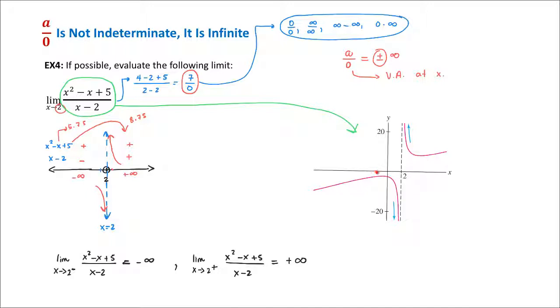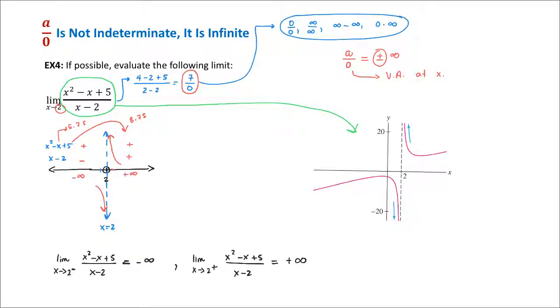As x approaches 2 from the left, the function is approaching negative infinity, exactly as we concluded here on the left. And as x approaches 2 from the right, the function is going off to positive infinity, exactly as we concluded here on the right. The nice thing about this approach is that I didn't have to sketch the entire graph. I only focused my attention around the vertical asymptote because this was the only problem for me.